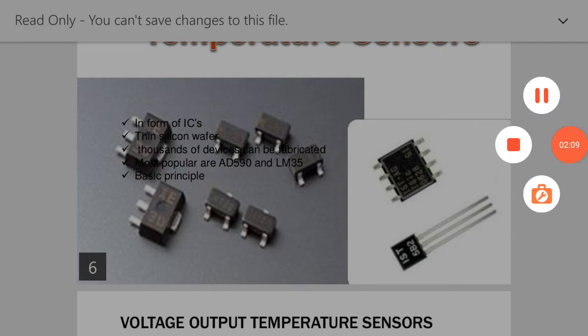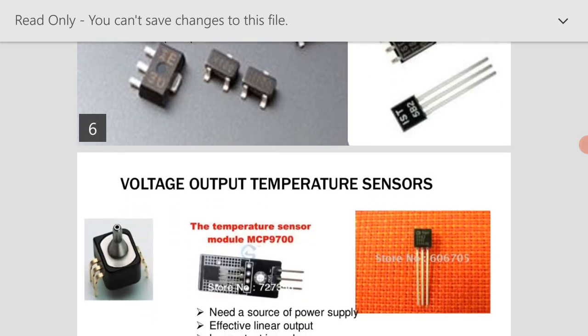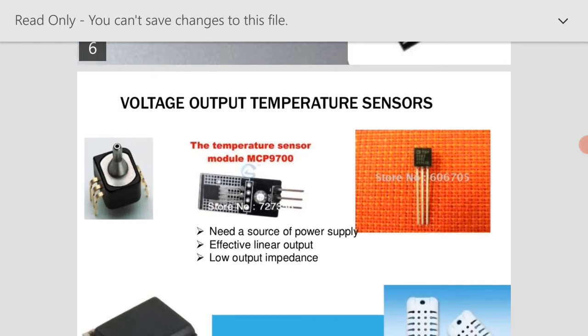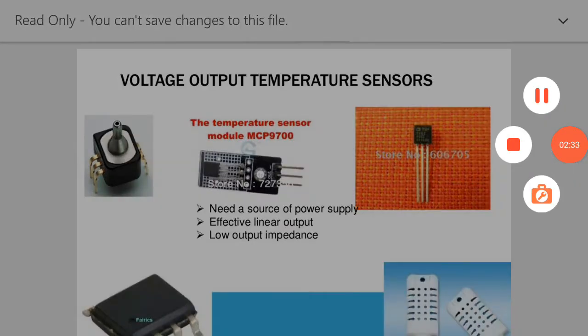Specific sensors can be designed for particular applications. For example, a sensor can be designed for low concentration applications, whereas an alternative sensor can be designed for high concentration applications. The voltage output temperature sensors are as shown in the slide.